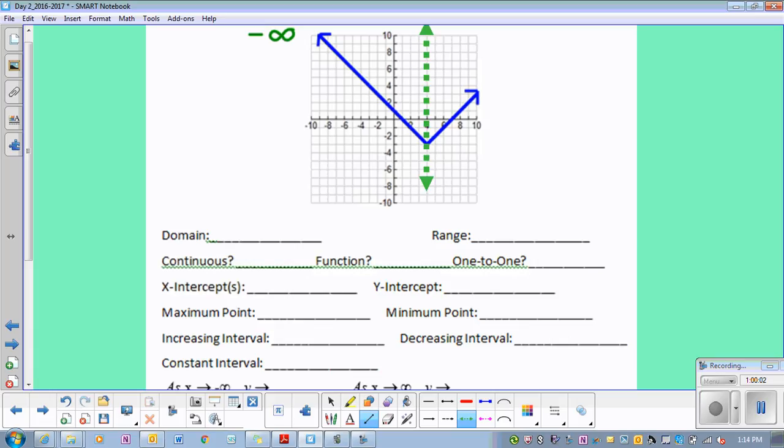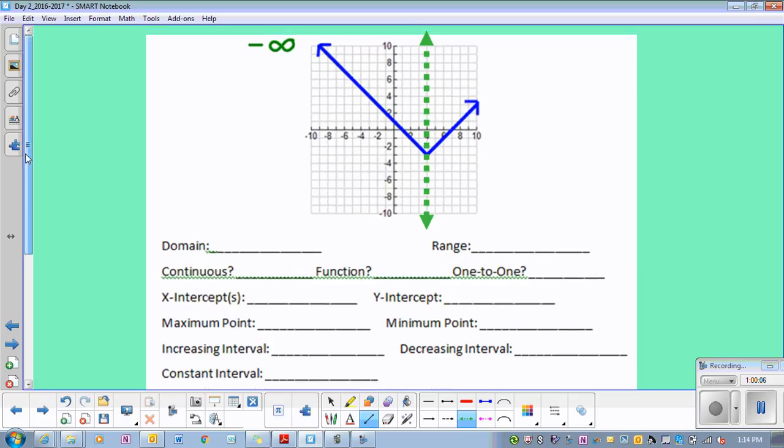So I'm going to draw a little dotted line. This dotted line crosses through at 4. And then on the right side, look, I have an arrow going to the right. Where's that going? Positive infinity. And there's no constant, right? There's no constant because there's no point on this graph where it's going straight horizontally. So constant interval, I can write none.